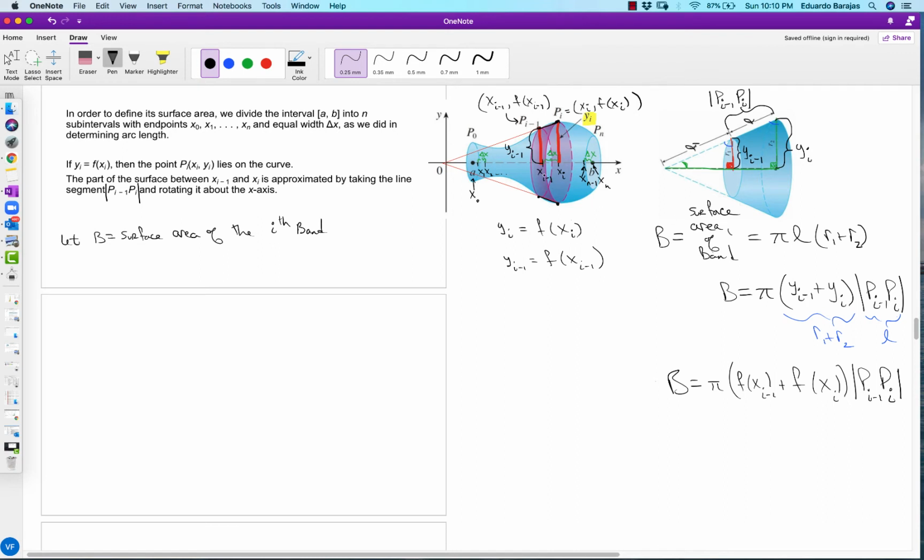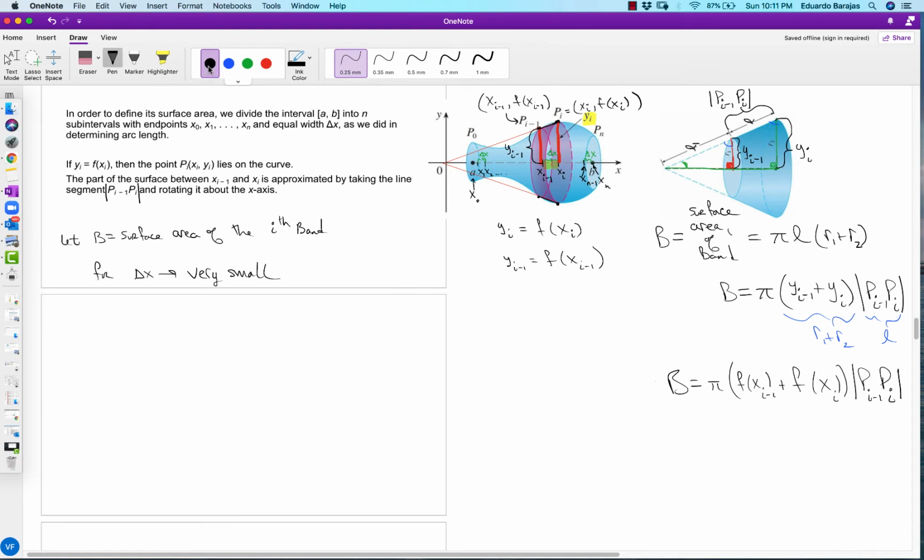Okay, so now focusing on this segment again here from x sub I minus 1 to x sub I, remember that we're thinking of delta x being some very, very, very small value. For delta x very, very small, we're going to let some sample value be chosen between there.